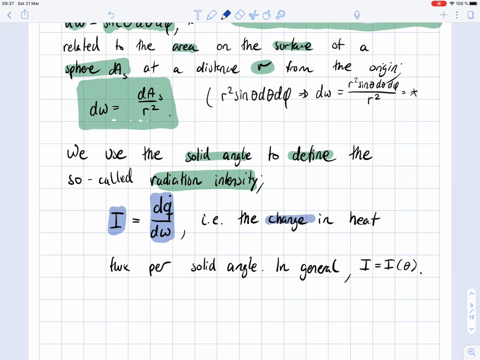So change in heat flux per solid angle. So that's essentially how the flux changes depending upon what angle you're looking at your source from. In a general case, this intensity will be a function of the angle at which you are observing from.